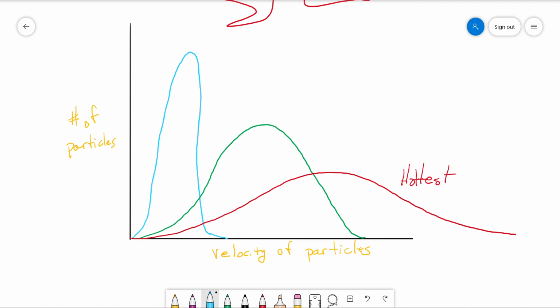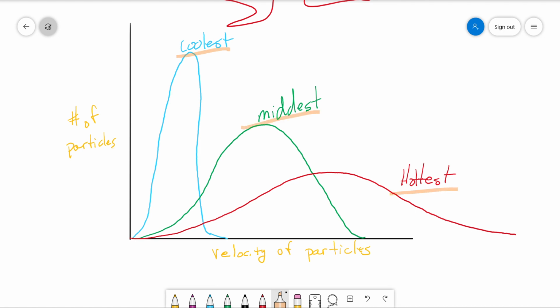This would be the coolest. And the green one would be the middlest. That's a word I made up. Okay. Coolest, hottest, middlest.